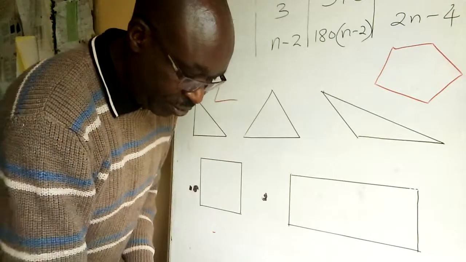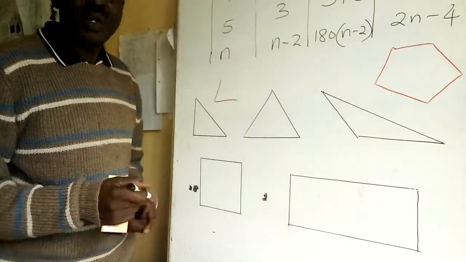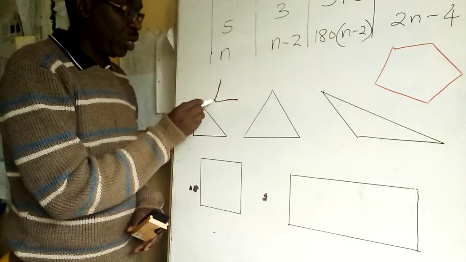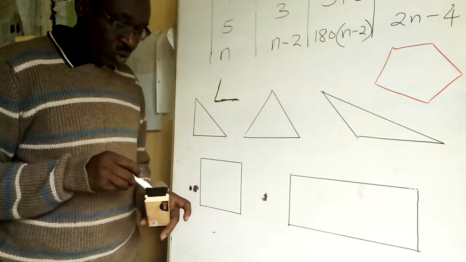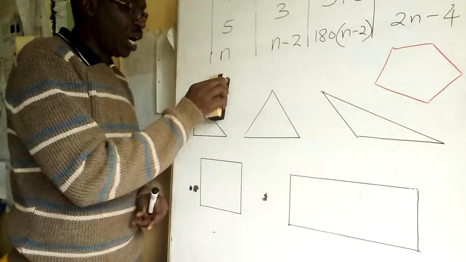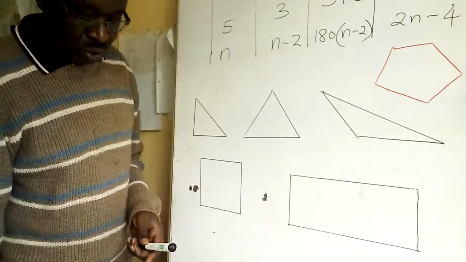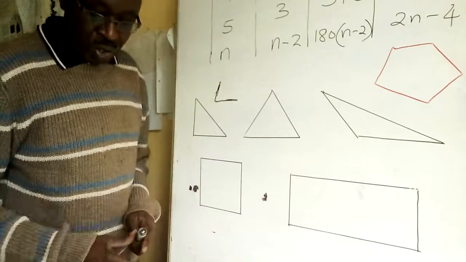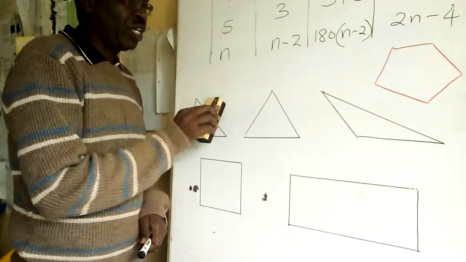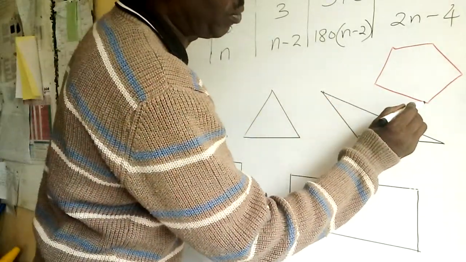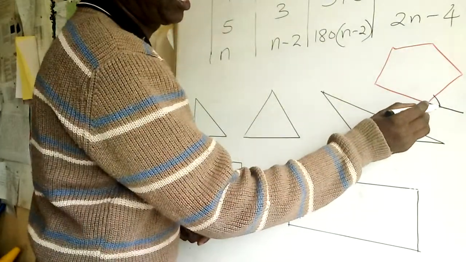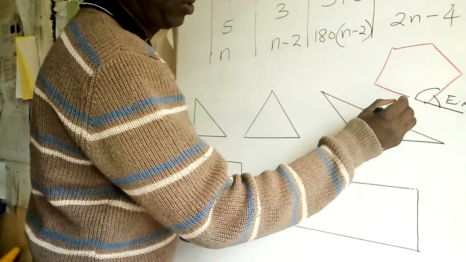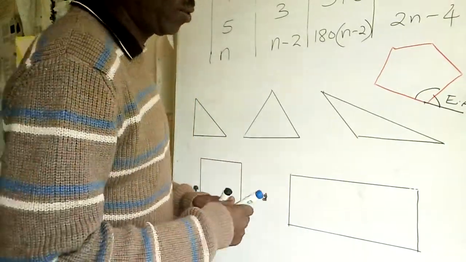Now, after knowing what a polygon is, we concentrate on angles in a polygon. Angles in a polygon are of 2 types: exterior angles and interior angles. If you are talking of any polygon, you can talk of interior and exterior angles. If I extend that, this is an exterior angle, and this one is an interior angle.